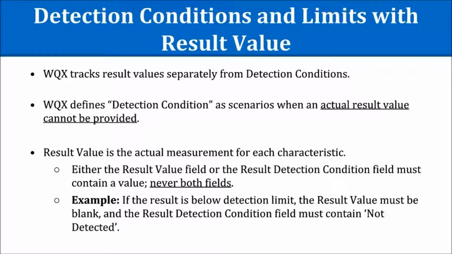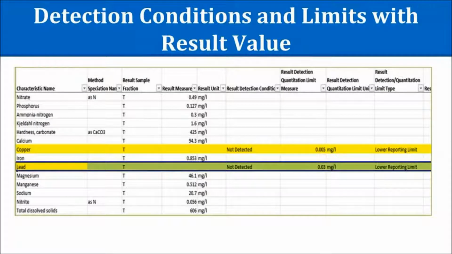But you never have both fields ever, because it will fail 100% of the time. You also want to populate these other conditional fields based on not having a result value and populating the detection condition. You can see here that with nitrate, the result was 0.49 milligrams per liter, and that's all we had to report.